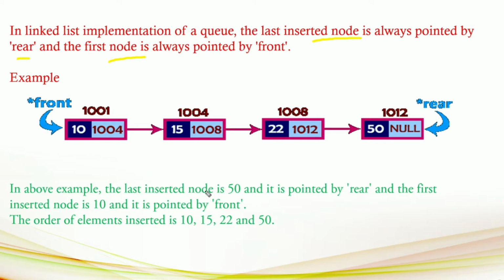Here the last inserted node is 50 and it is pointed to by the rear. From the rear position we can add, and the first inserted node is 10 which is pointed to by the front. The order of the elements is 10, 15, 22 and 50. This is the order of the elements and an example of the queue in the linked list manner.